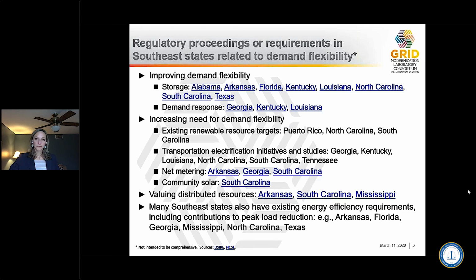Increasing the need for demand flexibility are things like transportation electrification initiatives and existing targets for renewables and community solar. And also trying to understand the value of distributed resources in several states. And then, of course, there are existing energy efficiency requirements that are already contributing to peak load reduction in really most Southeast states. So I just wanted to share that with you, that there's a lot going on in the Southeast related to this demand flexibility topic.